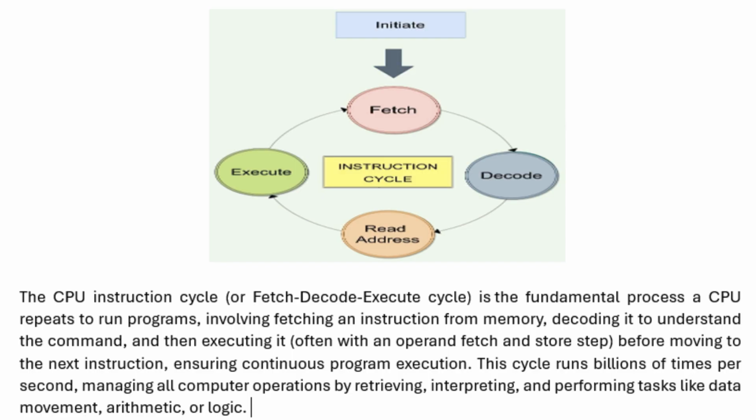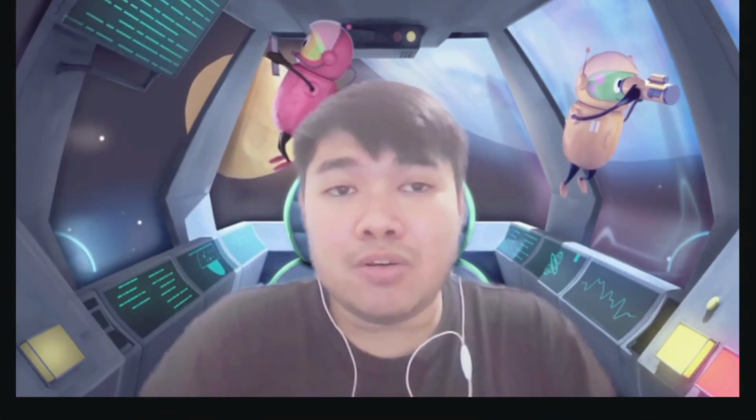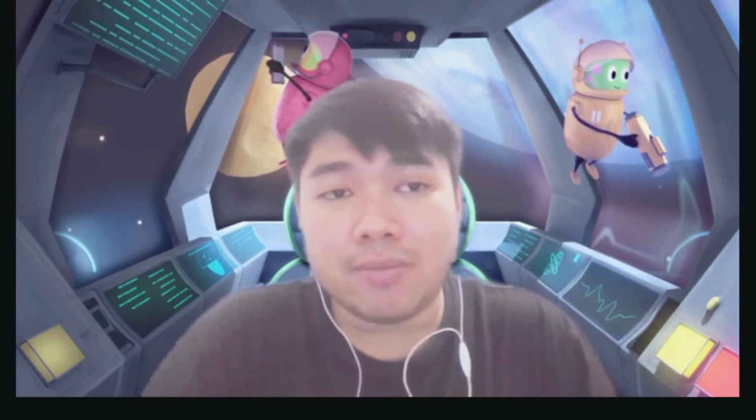In summary, the CPU works by fetching instructions, decoding them, executing them using the ALU, and storing results, through the coordination of the control unit, ALU, and registers. The CPU enables computers to perform tasks quickly and efficiently.